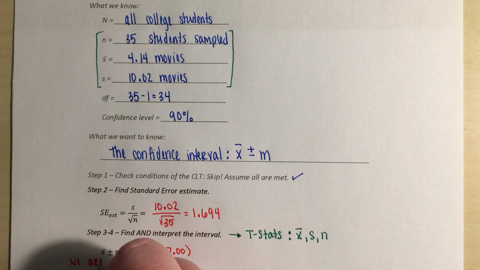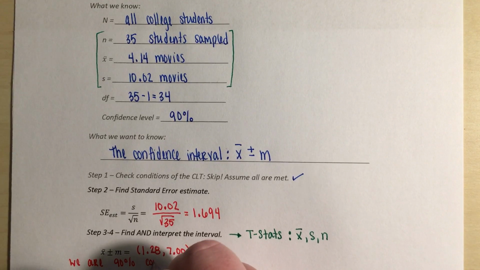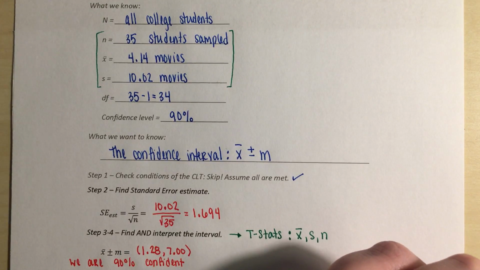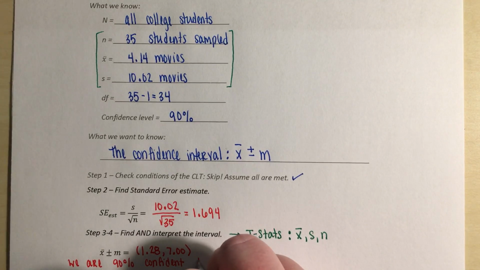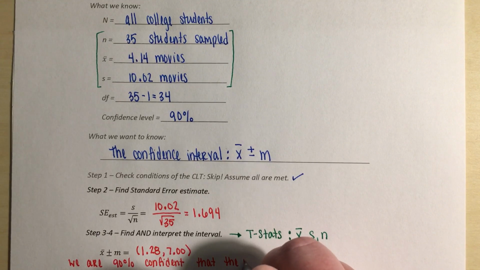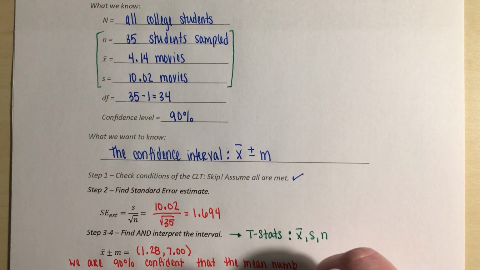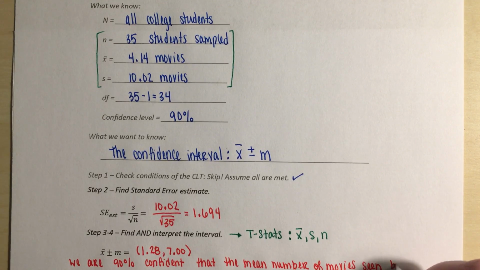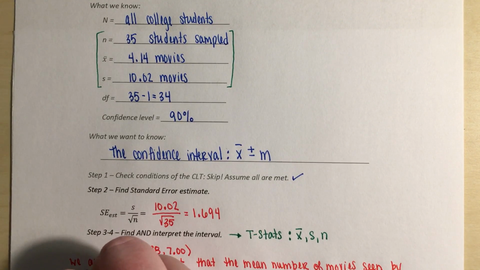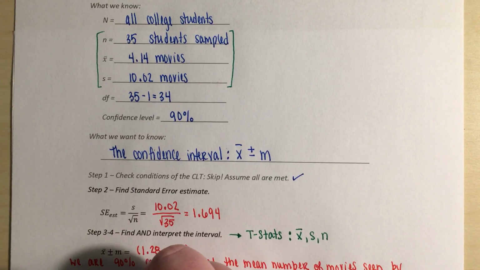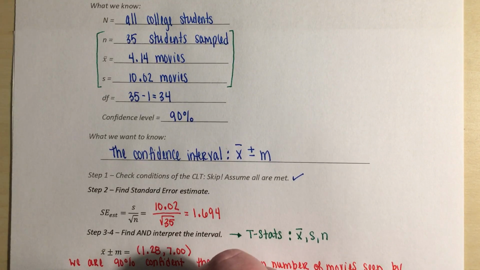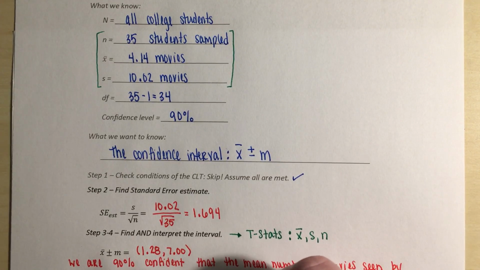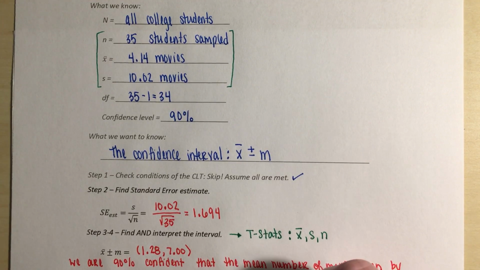Right, our interpretation. Again, we start with our confidence level. We are 90% confident that the mean number of movies seen by college students in a month is between 1.28 and 7.00 movies.